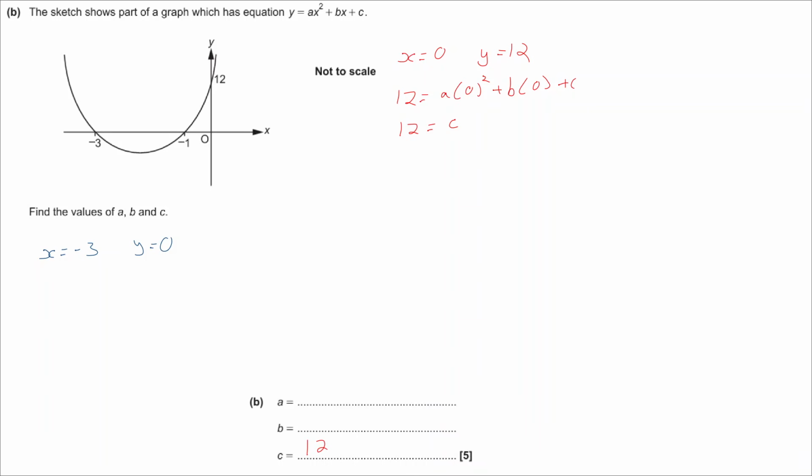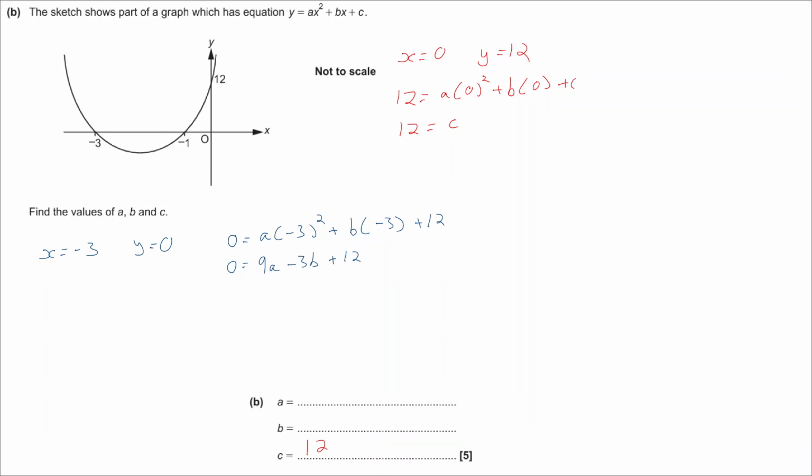So y, which is 0, is equal to ax squared, so it's going to be a, and x is negative 3, you're squaring it, plus bx, so plus b times x, which again is negative 3, and you know that plus c is 12, so plus 12. So you're going to get an equation here. 0 is equal to negative 3 squared, which is plus 9, so plus 9a, and you've got minus 3b, and you've got plus 12.